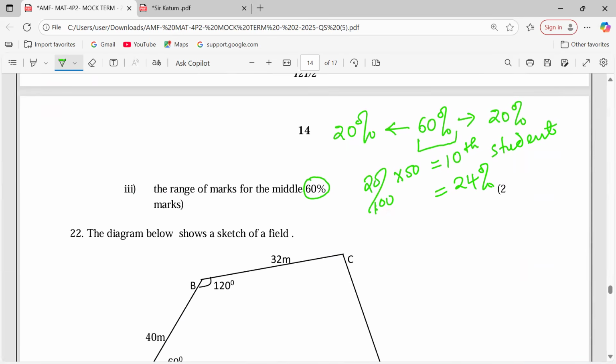24%. Then the last 20 means it's the 80th percentile. This is going to be the 40th student. Yes, the 40th student. What are they going to score?